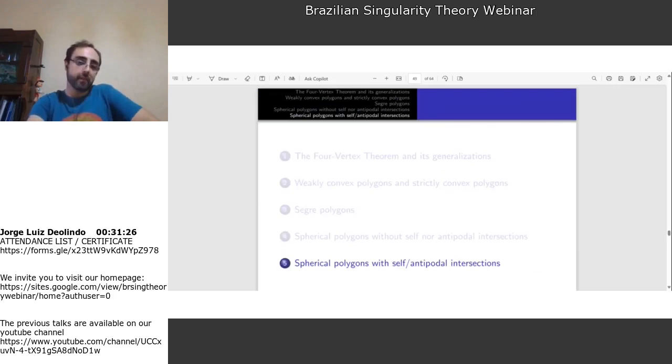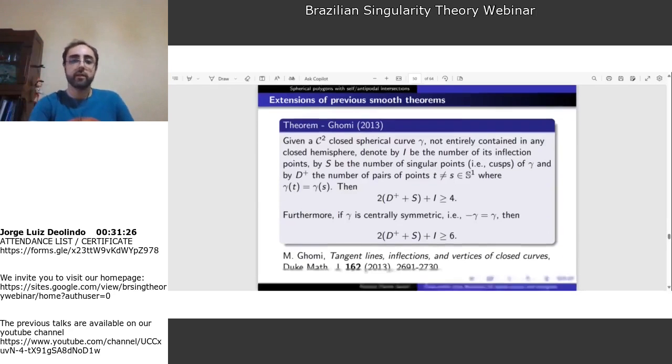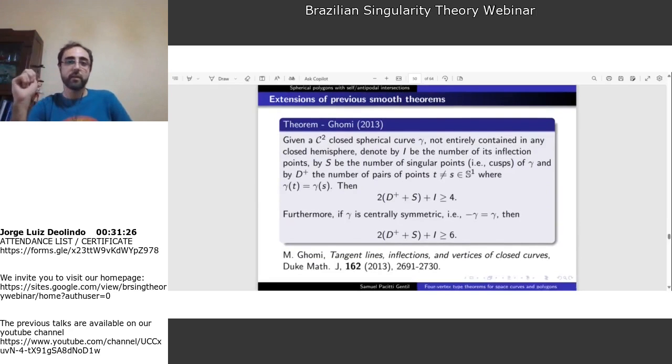Okay, and finally, we get to the final section of this talk. I'll try to be brief here, but we knew that Mohammed-Gomez proved an improvement on the lower bound of inflections if you allow the curve to not have self-intersections.